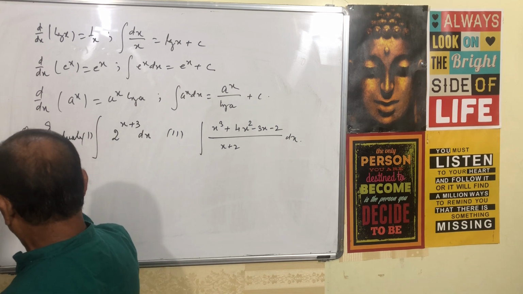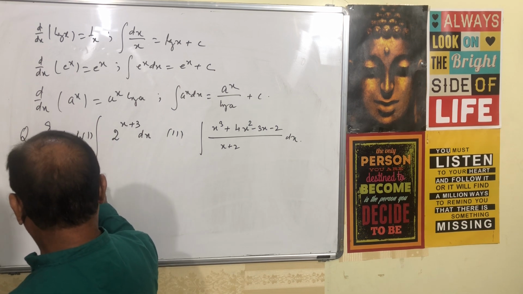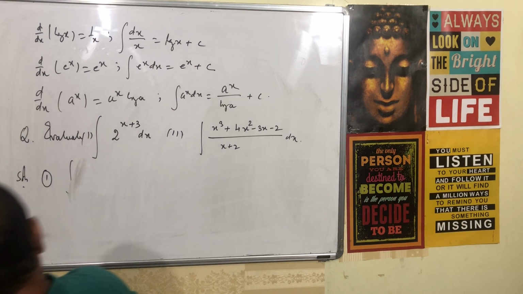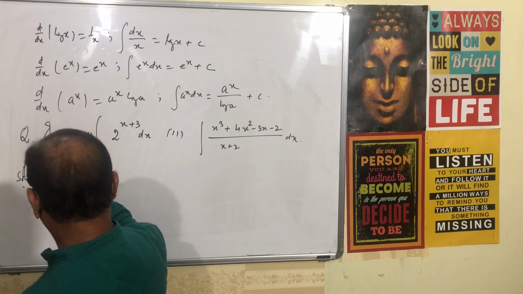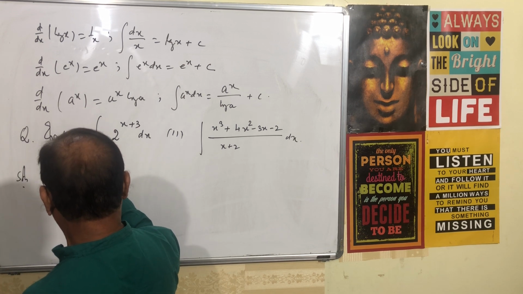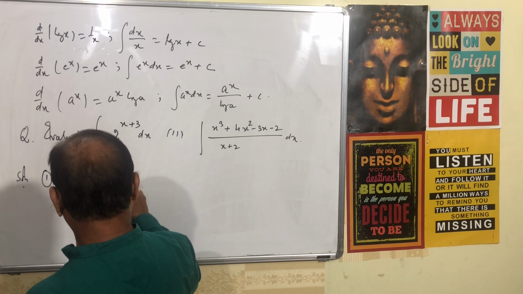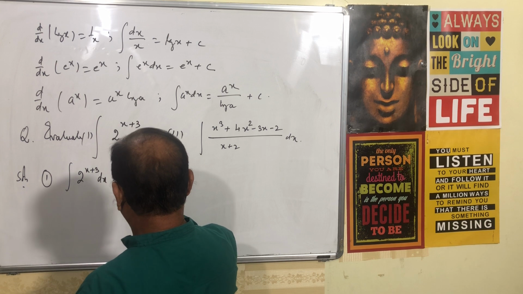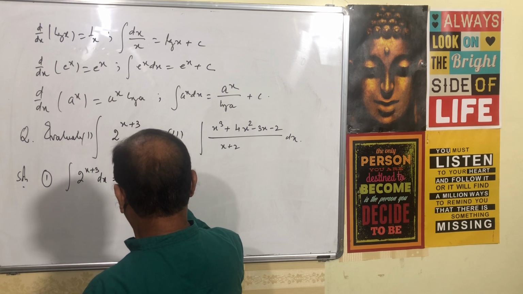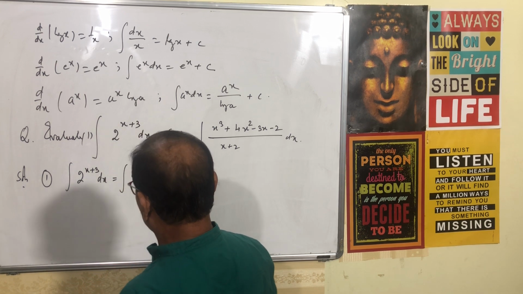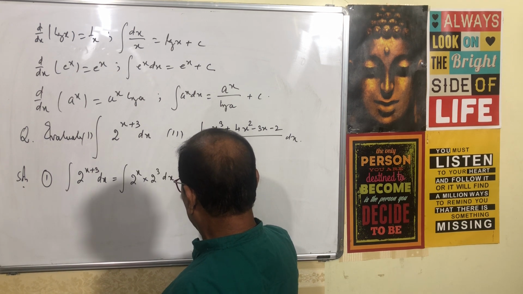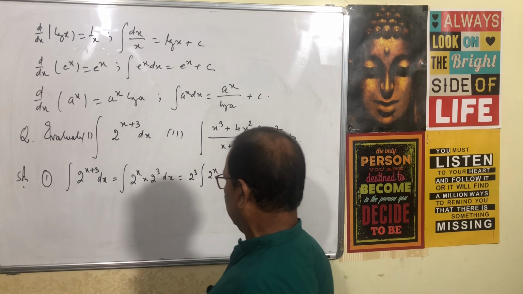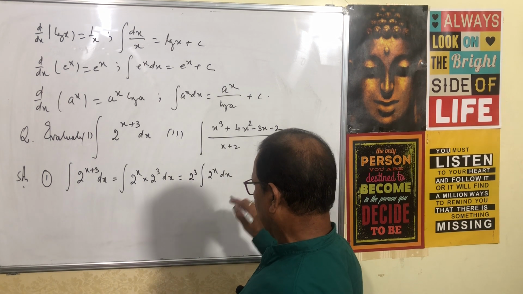So, solution 1: integral 2 to the power x plus 3 dx is equal to integral 2 to the power x into 2 to the power 3 dx, correct? And 2 to the power 3 is what? 8.